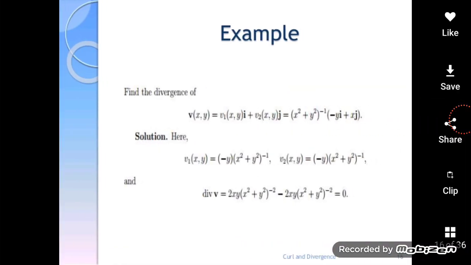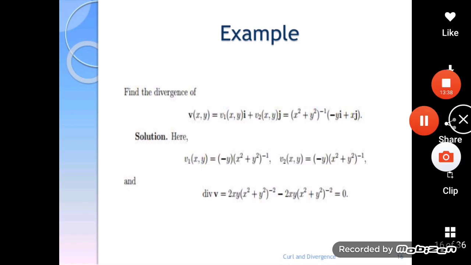This is another example. Find the divergence of v of xy. Here we can easily see that v is not a function of z, it is only a function of x and y.